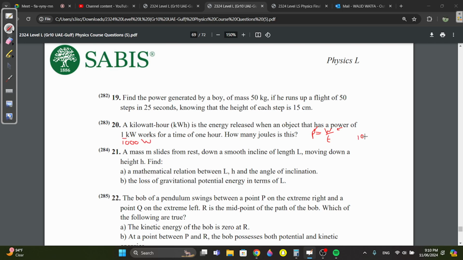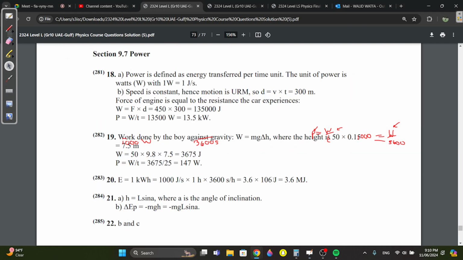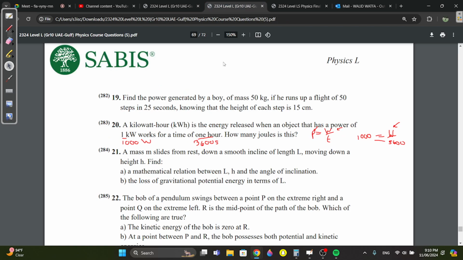So 1000 watts is my power, equals the work divided by the time. The time is 1 hour, in seconds that's 3,600 seconds. So how can I find the work? Cross multiply, 1000 times 3,600, and you get 3.6 times 10 to the power of 6. They put it in megajoules, so they just divide it by a million.